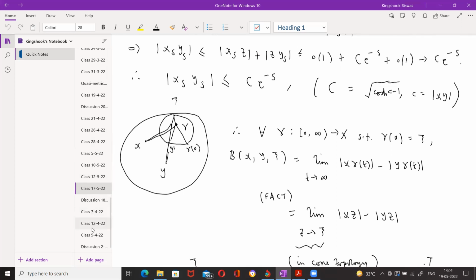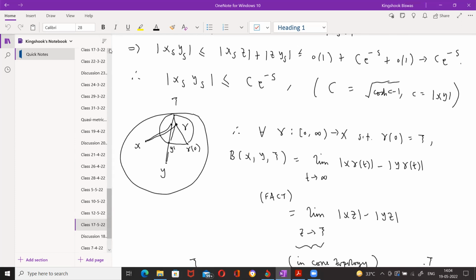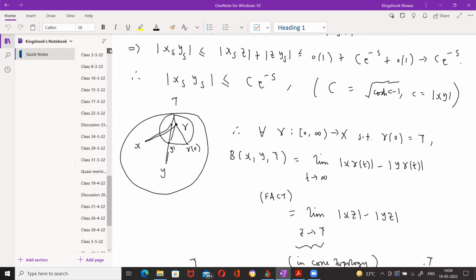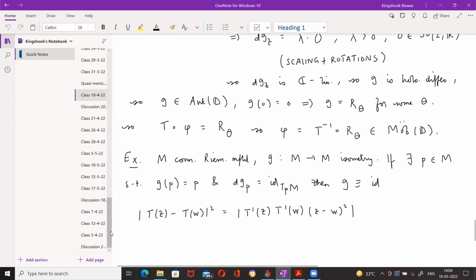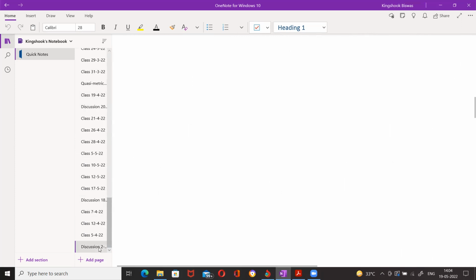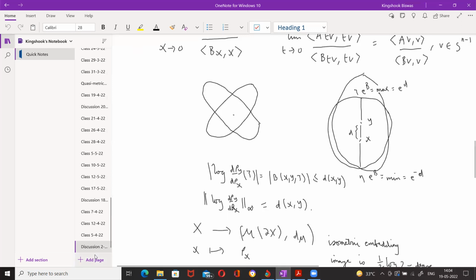Where did this go? Okay, one second. Where did the last page go? Got a bit messed up. No, not this.